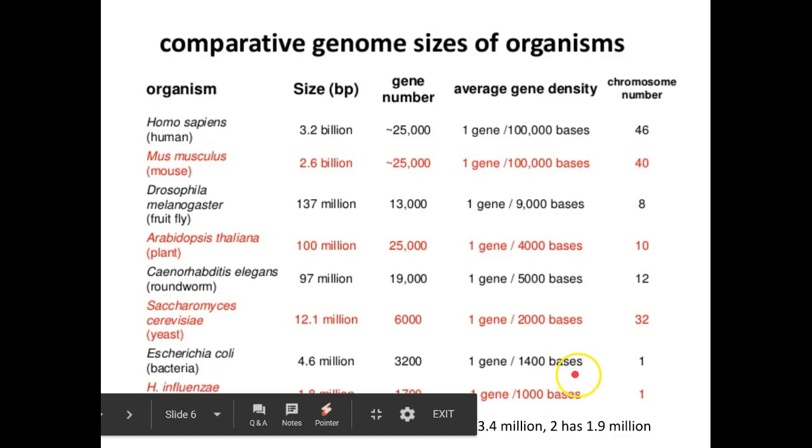So the gene density is higher in prokaryotes than in eukaryotes on average, okay? That means that most of a prokaryotic genome is coding, whereas a lot of a eukaryotic genome is non-coding, much of which is regulatory or repetitive sequence, which we have not yet figured out the function for.